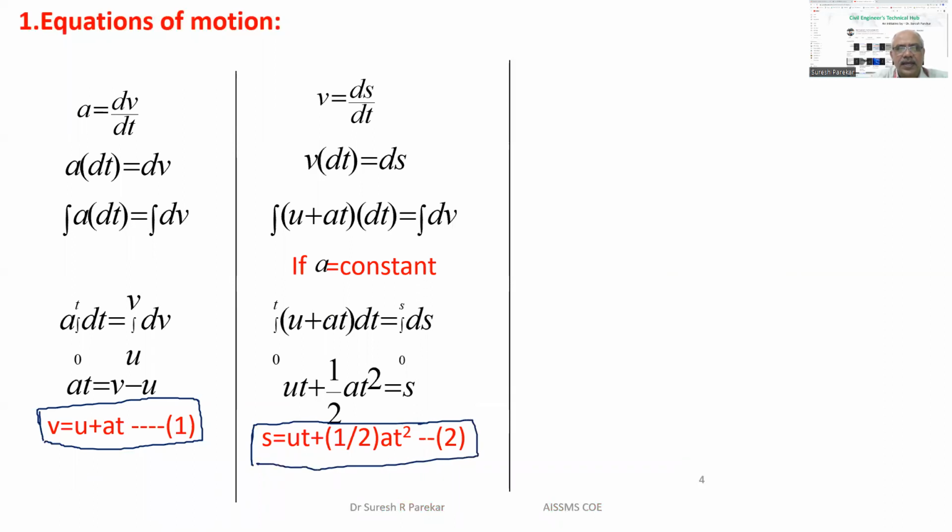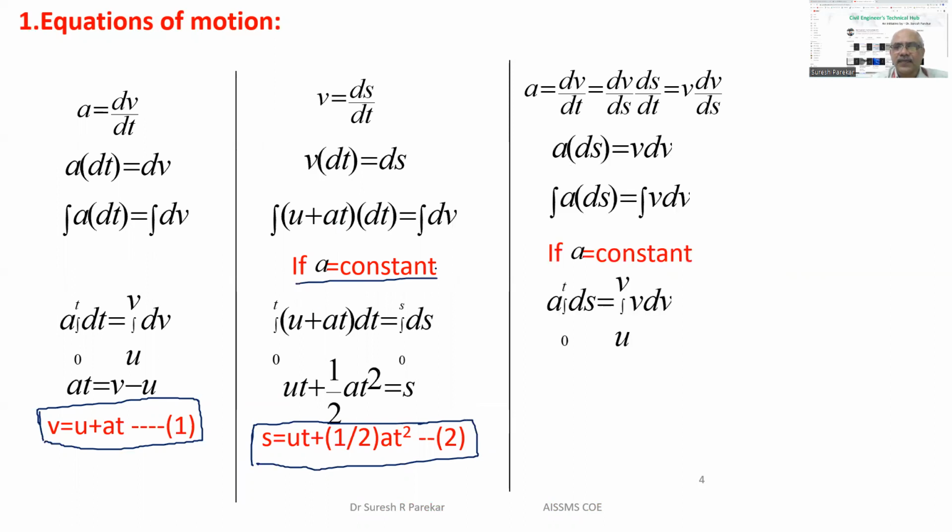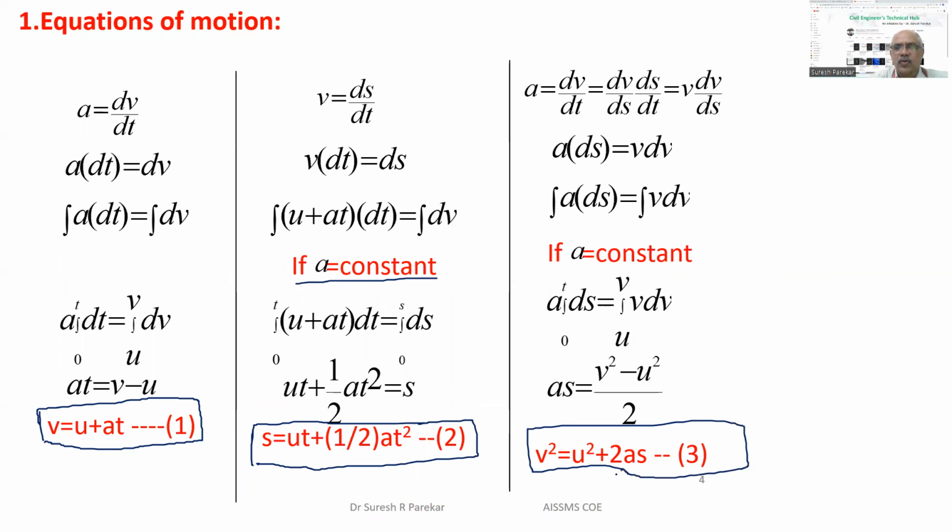Here also we have A constant. And here also, if A is constant, then we have the equation V square equal to U square plus 2AS. So likewise, we have to solve the problems using these equations.